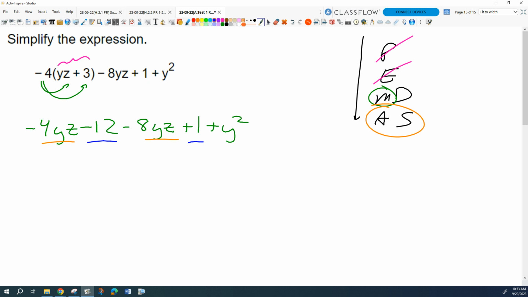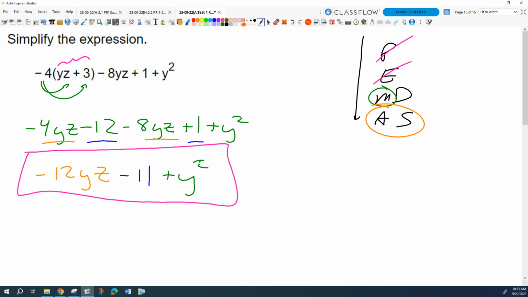It doesn't have any like terms, right? So if we combine all that: -4yz minus 8 of those yz's is how many yz's? -12yz. -12 plus 1 is what? -11. And then finally, I've got my plus y squared. And that's it.